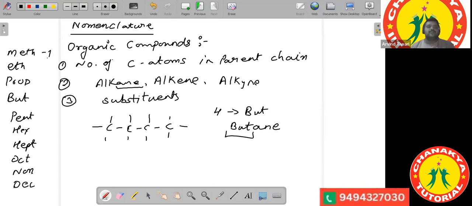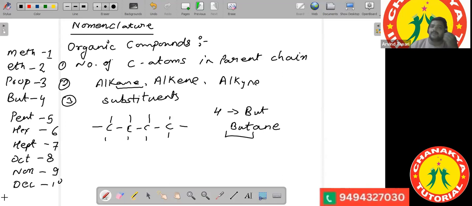So meth is for 1, eth for 2, prop for 3, but for 4, pent for 5, hex for 6, hept for 7, oct for 8, non for 9, and dec for 10. Okay. So in this way, can you make the structure of propane?